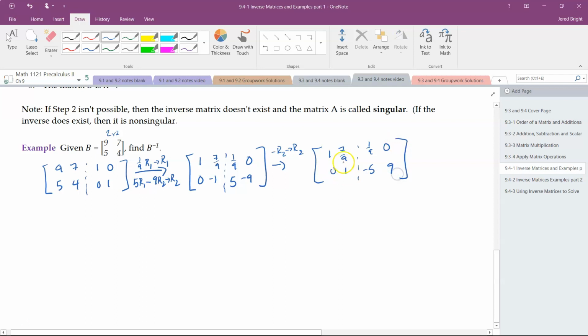Now I want to knock this 7/9 out, so I'm going to do minus 7/9 row 2 plus row 1 into row 1. And so I get 1, 0, 0, 1. There's my identity matrix.